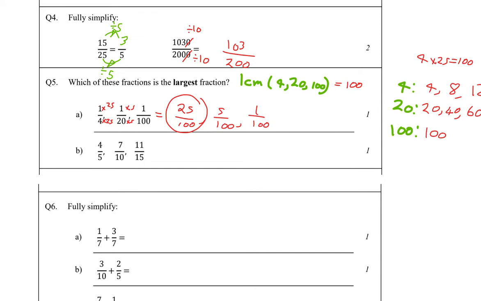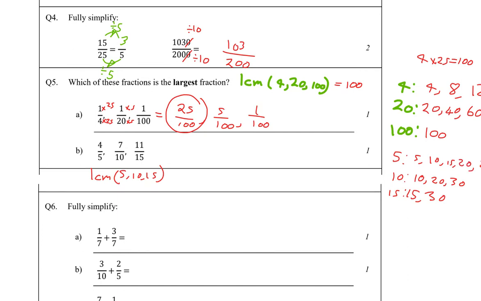The same here. We must ask ourselves, what is the lowest common multiple of 5, 10, and 15? That is to say, the lowest number which 5, 10, and 15 will divide into. So again, we always consider the largest: 15, 30, then 10, 20, 30, then 5, 10, 15, 20, 25, 30.